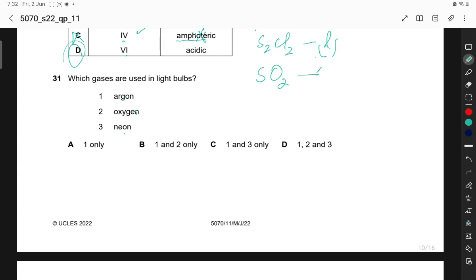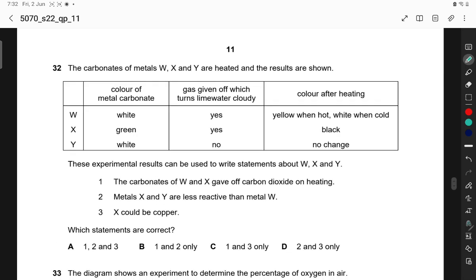So argon is also used, 1 and 3. Oxygen is not used. Neon is in advertising lights, and argon is in bulbs. C option is correct.